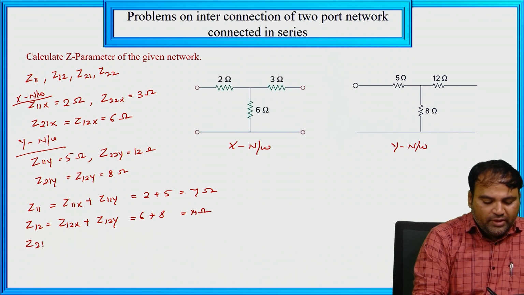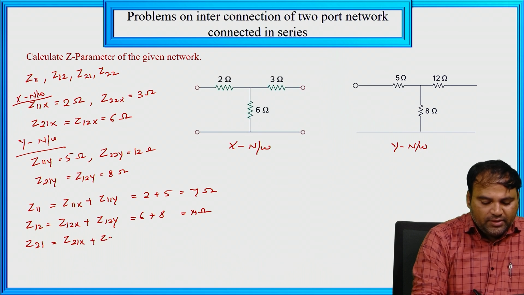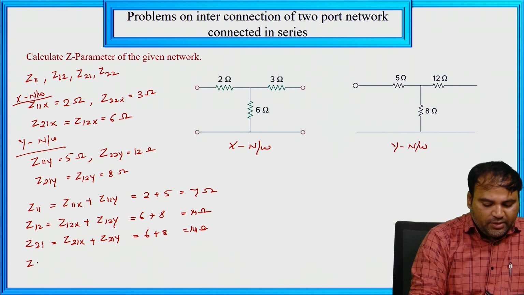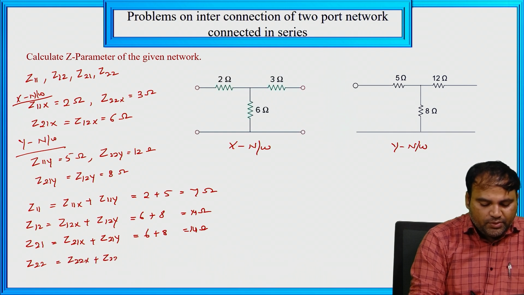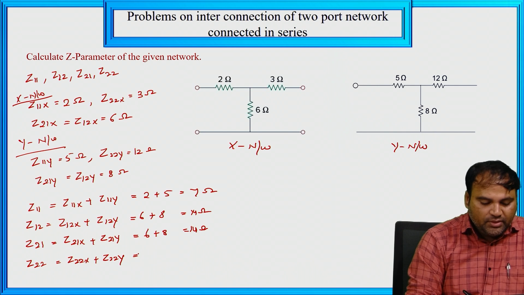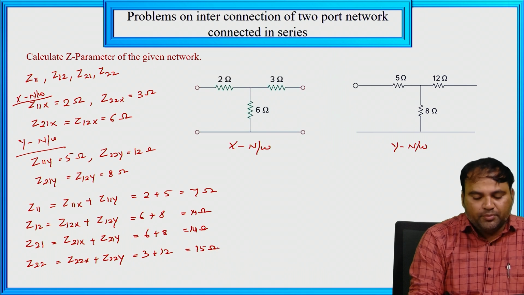Z21 equals Z21X plus Z21Y, which is again 6 plus 8, equal to 14 ohm. And Z22 equals Z22X plus Z22Y, which is 3 plus 12, equal to 15 ohm.